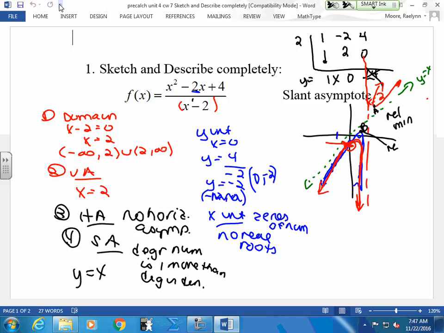Let's call this B. Remember when I told you when we had slants, they'll do the max and the min. Then they'll also do concavities, and we'll do increasing, decreasing with these. You might have to change your window. Try not to zoom out and zoom in. Try to change your windows.